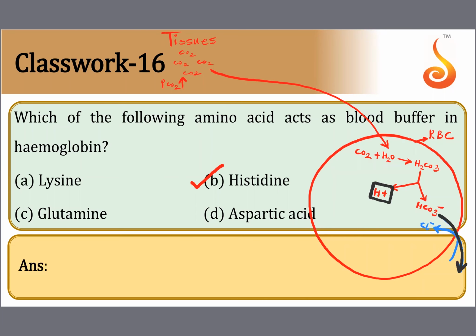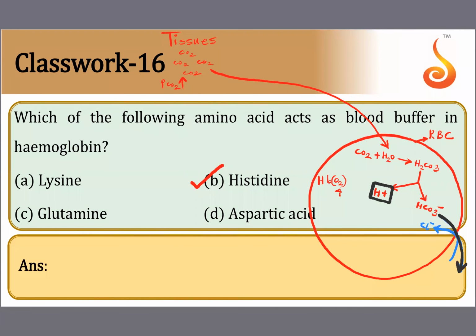So what this H plus ion goes and does is, there is oxyhemoglobin in your RBC, because this is blood that has come from your lungs. Remember, the blood that comes to your tissue, is it oxygenated or deoxygenated blood? It is oxygenated blood. So it's coming from your lungs, and this blood already has HbO2, oxyhemoglobin, in it.